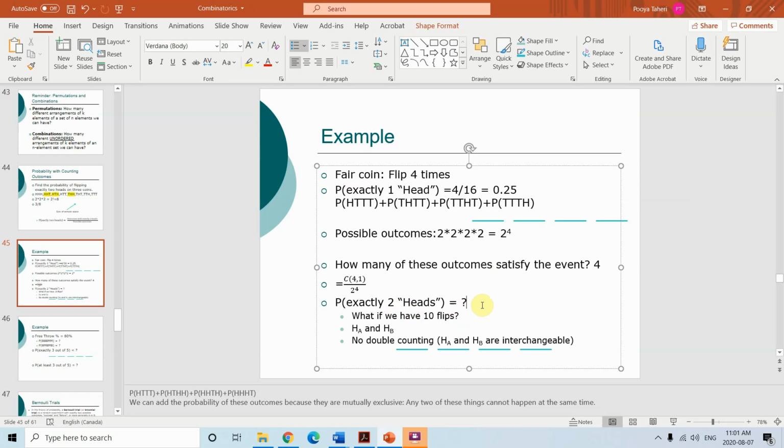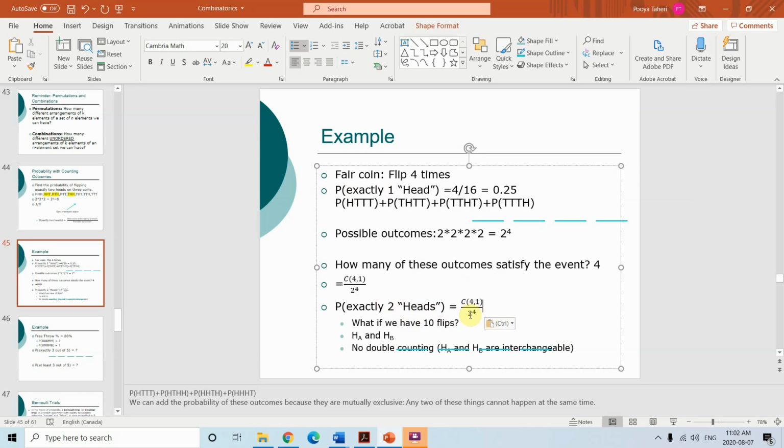So to answer this one, it's going to be easier if we use the formula that we found. What are the total possible outcomes? It's 2 raised to power 4, right? That's how many different sequences of head and tail we can have when we flip a coin 4 times, or flip 4 coins.